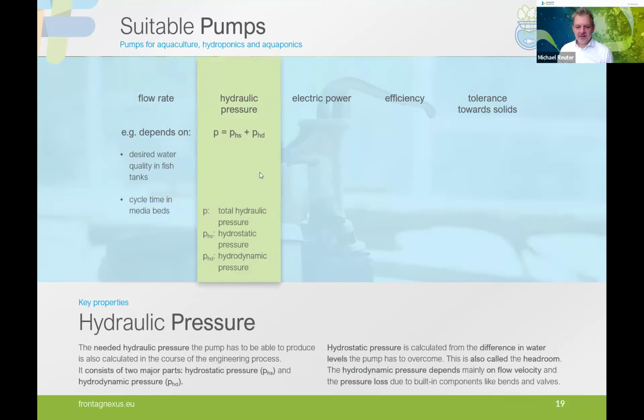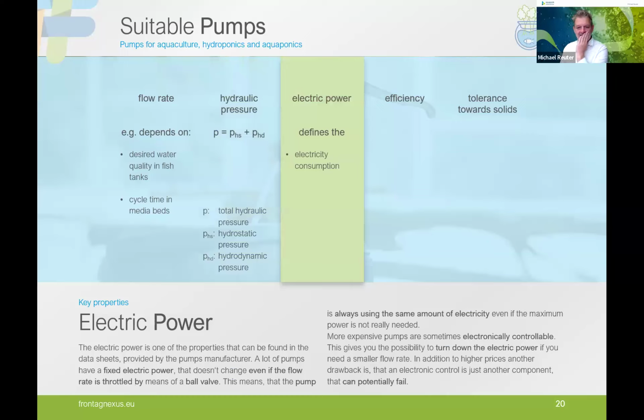And the hydrodynamic pressure is made up by, for example, friction losses inside of our piping system. Then electric power is just the power that is given inside of the data sheet of a pump, and that defines mainly the electricity consumption of a pump. And there we should always aim to have the lowest electricity consumption possible.